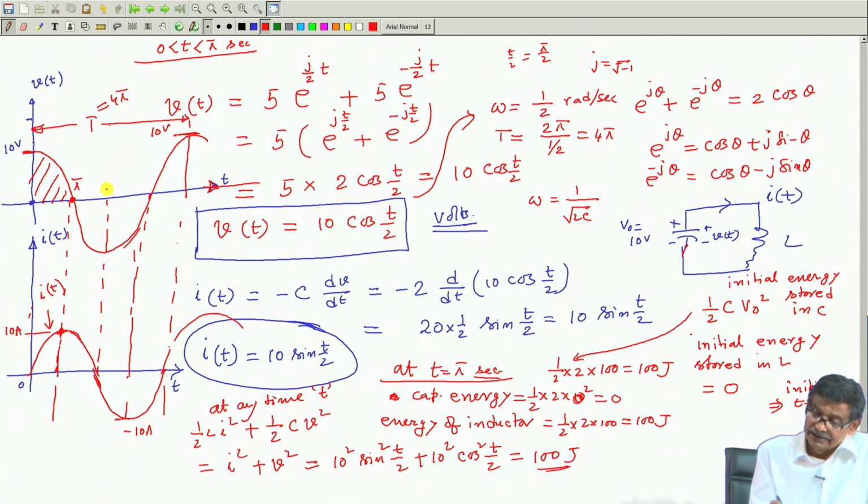This is also pi, no, 2 pi it will be, pi to 2 pi. During this next pi second, you have applied negative voltage. So, di dt has to be negative, so current has started decreasing. Voltage applied is this negative voltage across the inductor.